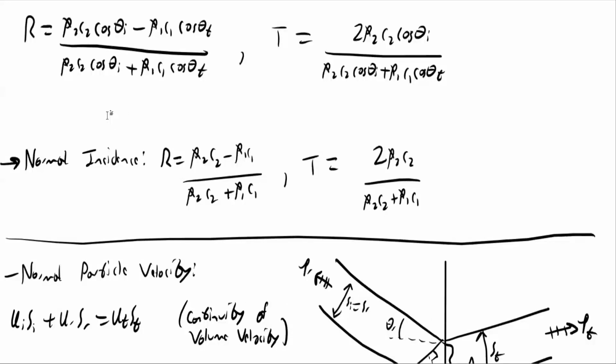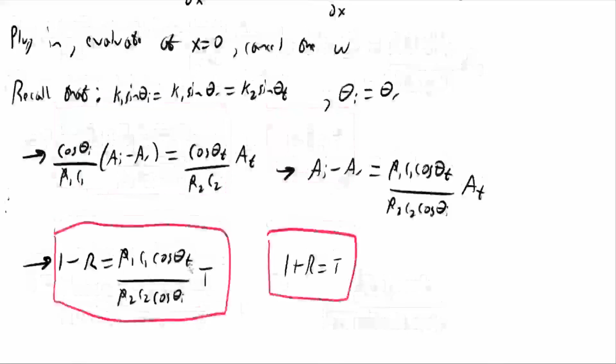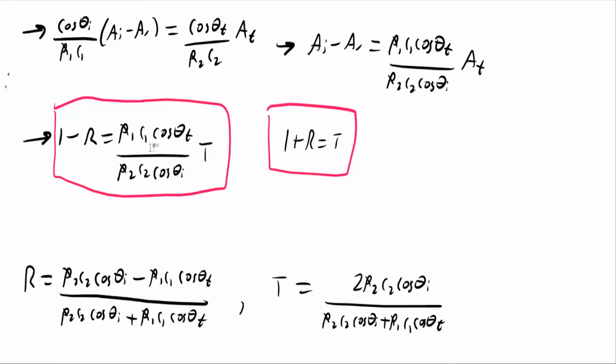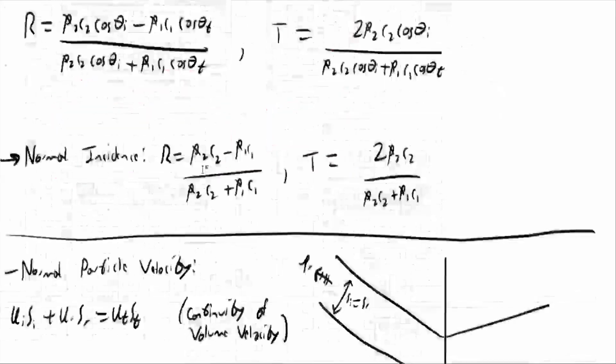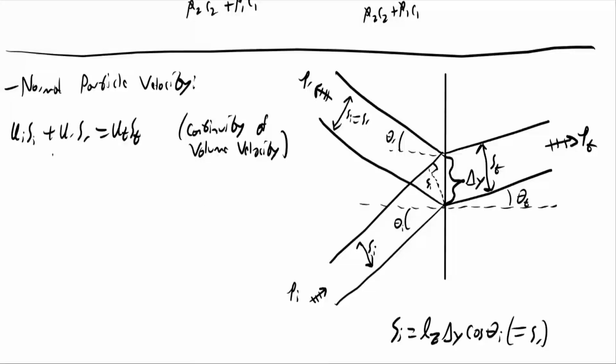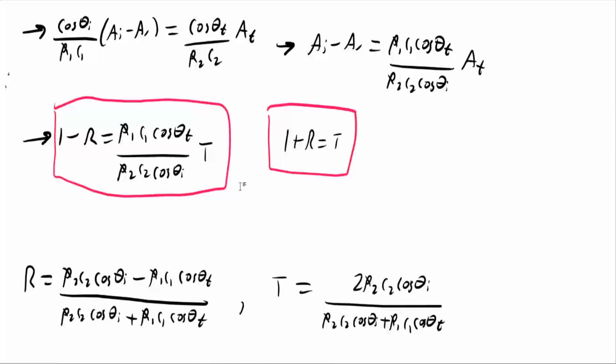If you see here in R and T, or rather here, 1 minus R equals rho 1 C1 cosine theta T over rho 2 C2 cosine theta I times T. And you note that rho 1 C1 is equal to your characteristic impedance Z1, and rho 2 C2 is equal to your characteristic impedance for the second medium, so there's the first medium and the second medium, Z2.